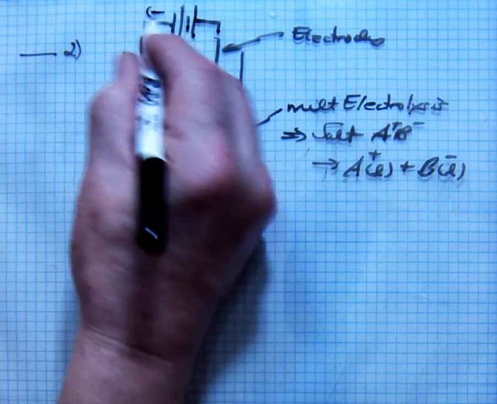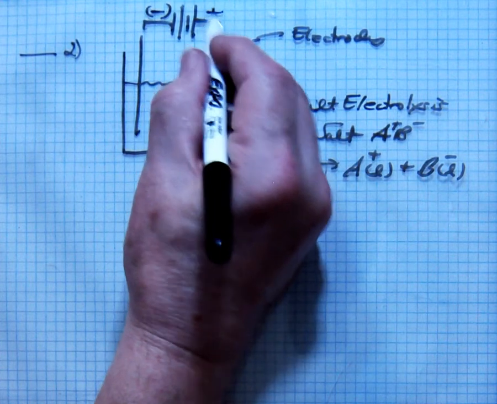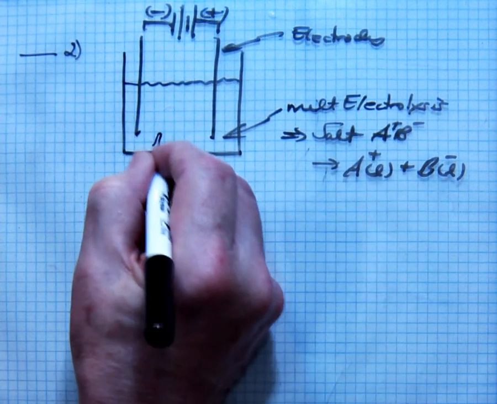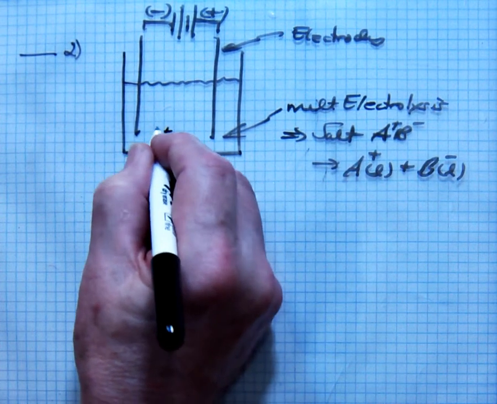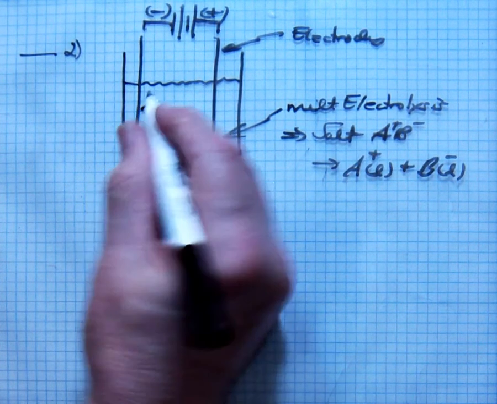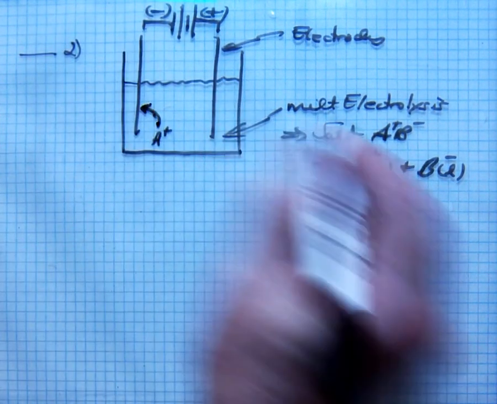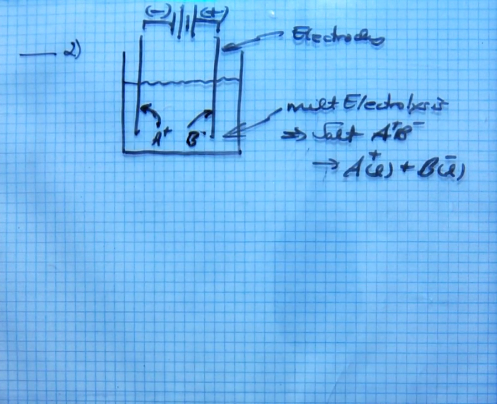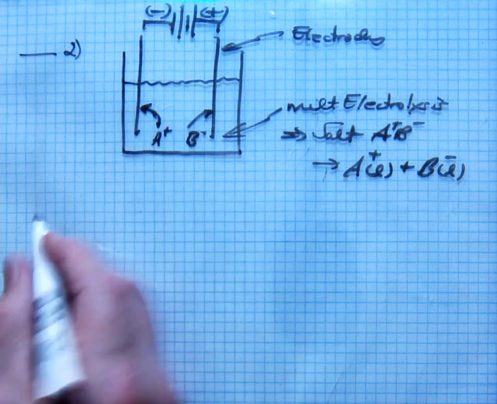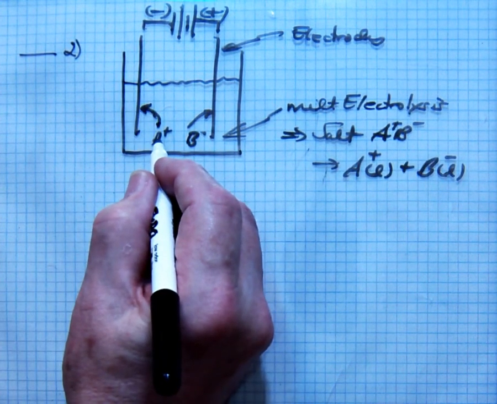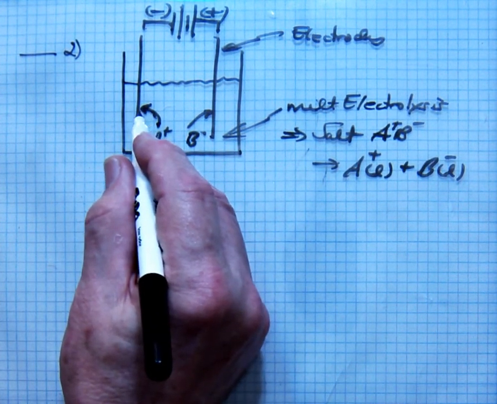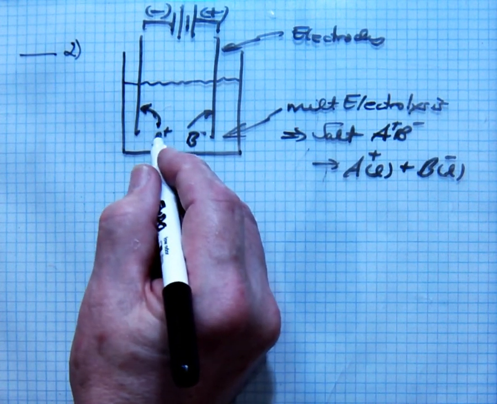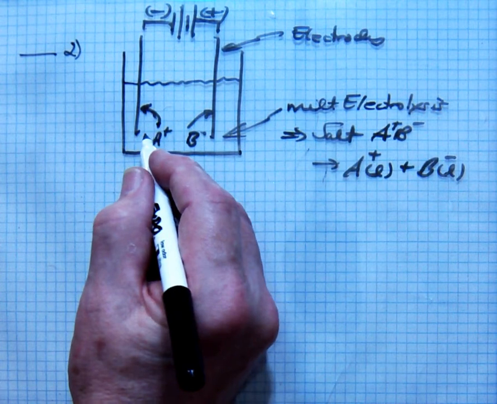Short side is negative side, and the long side is the positive side. So when we have cations in solution, they will be attracted to the negative pole, and anions attracted to the positive pole. I mean, it's just common sense here. Now, when this is attracted to this electrode, it undergoes a reduction, because of course the reduction process is a gain of electrons.